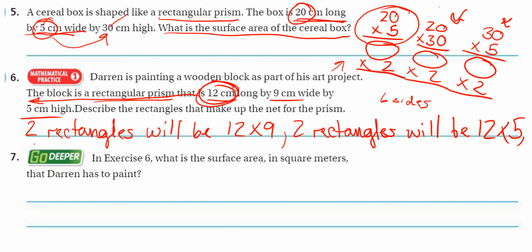And then lastly, 2 rectangles, looks like a Z, but it's 2 rectangles. So I multiplied the 12 by everything. Now I need to multiply the 9 by the 12, which was already done right here. But I haven't done a 9 times 5. So the last 2 rectangles will be 9 by 5.